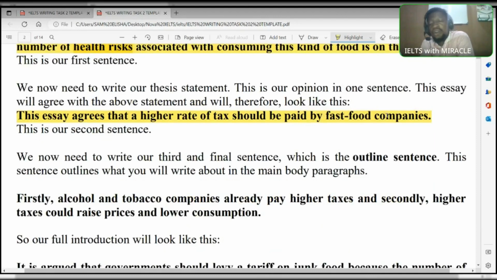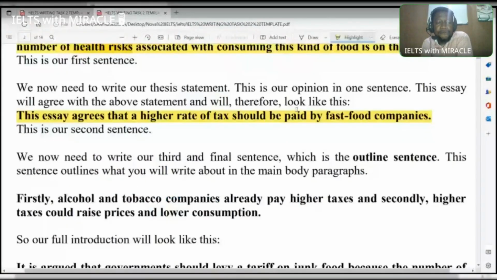So you can adopt this as a structure for your writing. This essay agrees that a higher rate of tax should be paid by fast food companies. All right. Now let's quickly look at the next thing, which is the outline, and see how it was constructed.